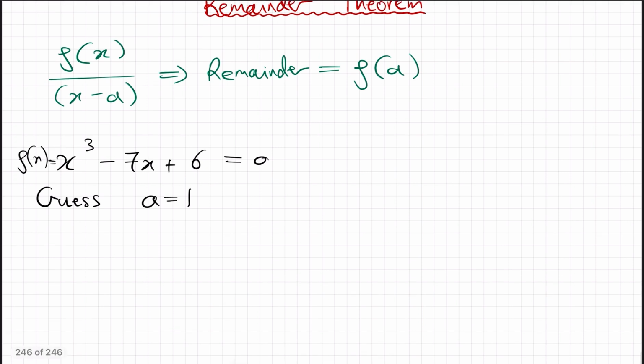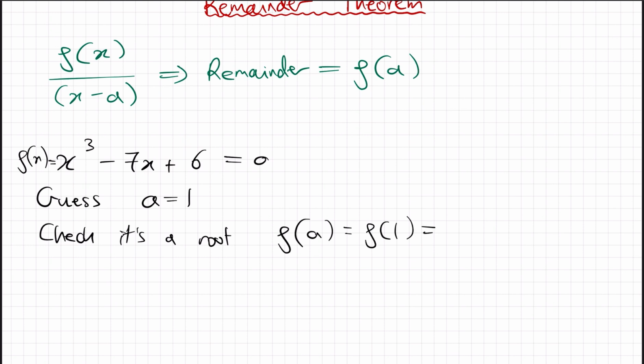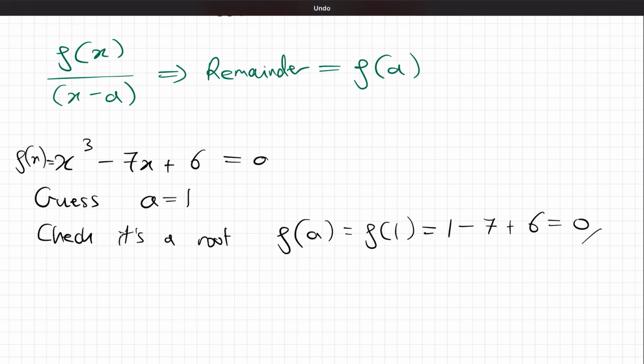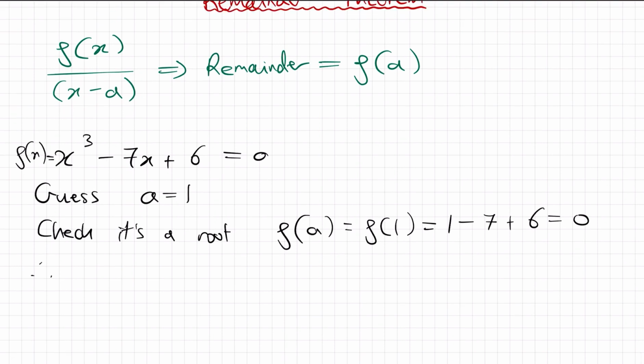Then we can check it's a root by plugging in f of a, which is f of 1, which is 1 minus 7 plus 6, which is 0. Since there's no remainder when you divide f of x by x minus a, we know that x minus 1 is a factor of f of x.